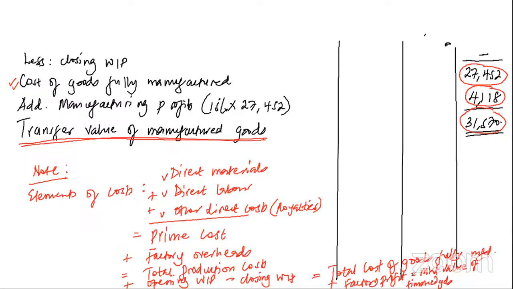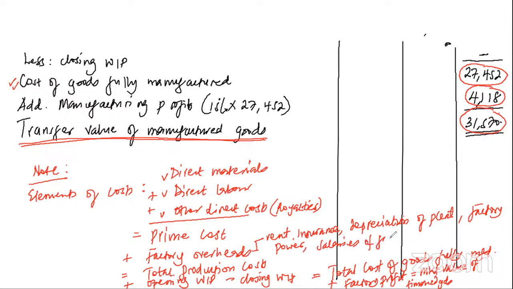So you have to know that under the factory overheads, you may find things like rent, insurance, as long as they're incurred under the factory, depreciation of plant, factory power, salaries of factory supervisors, etc. So that's the manufacturing account.